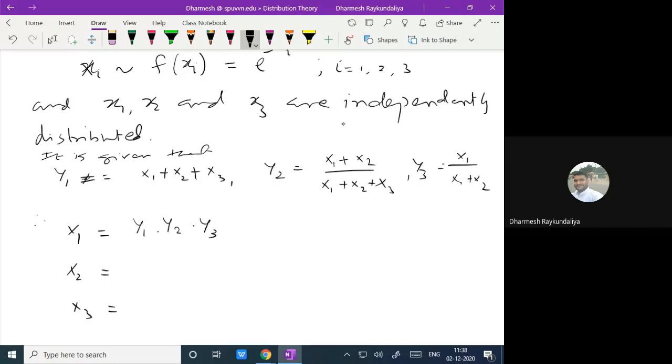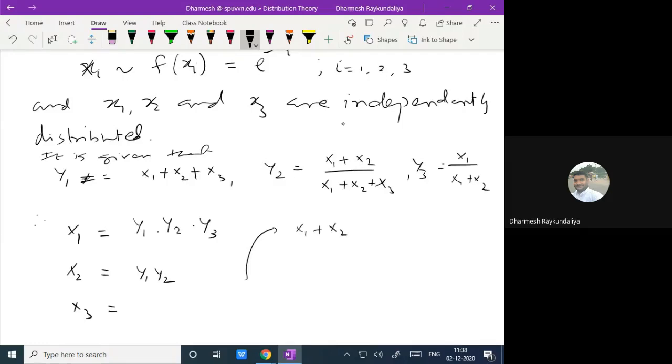y1 plus y2, what is that? y1 into y2 is nothing but x1 plus x2. But what is the x1 plus x2? This is nothing but x1 plus x2.